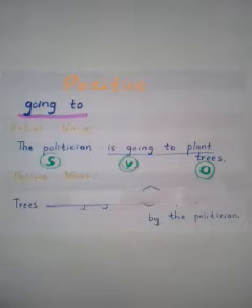This is another sentence pattern to indicate future. Future පෙන්වන තවත් sentence pattern එකක්. This is the going to form. We use this form to show a planned future. plan කරපු අනාගතයක් ගැන කතා කරන්න අපි going to form එක use කරනවා.